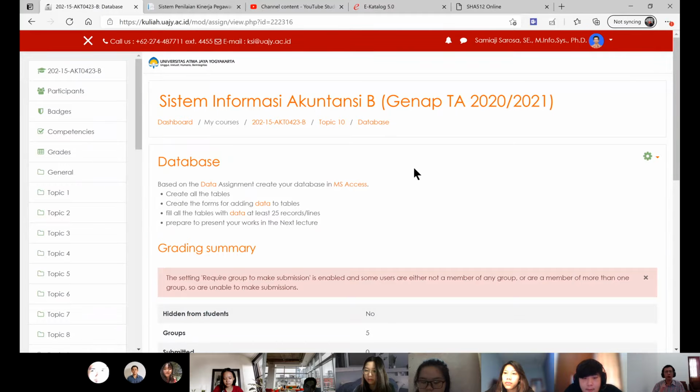If you want to enter new data into the tables, you need to create forms. But not every table should have forms. For example, an invoice could not be created by entering data. An invoice will be created by taking data from customer, product, and order.